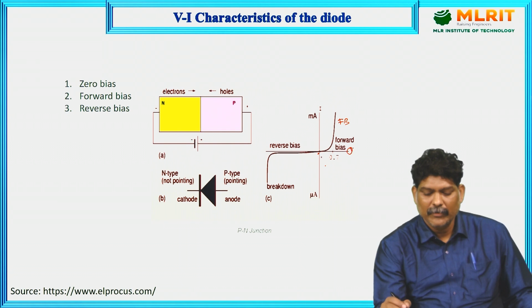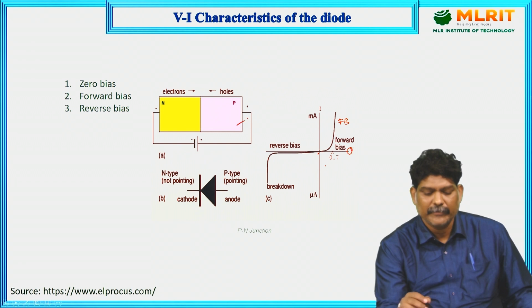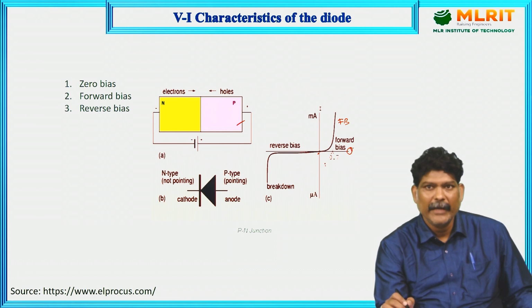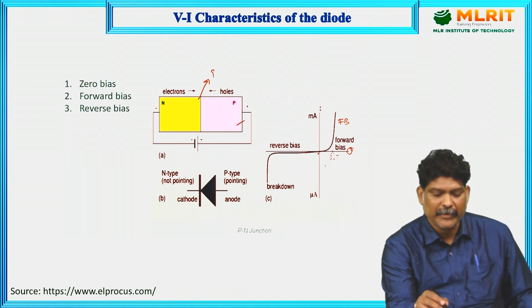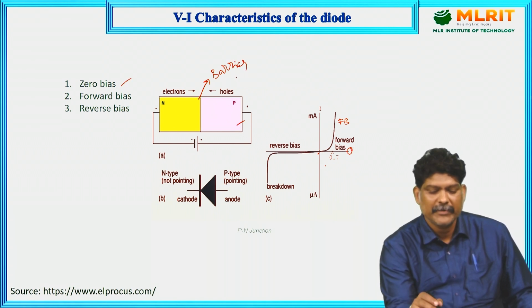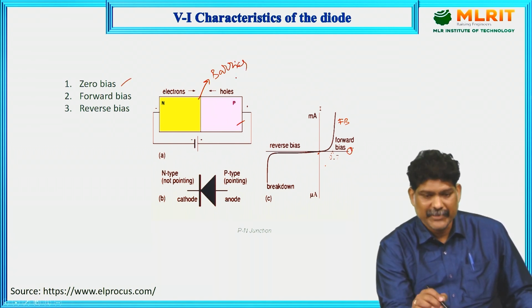The current does not start conducting through the diode immediately, because it requires some voltage which should exceed the barrier potential. Under zero bias, there will be a barrier potential at the junction.